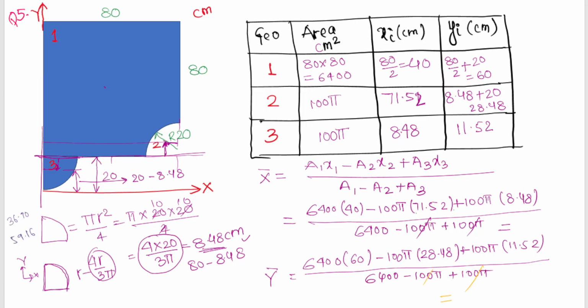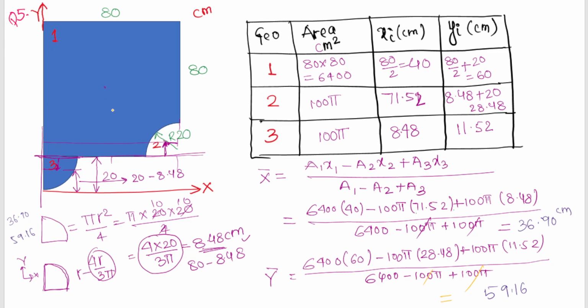So upon calculation we found out the values to be, for x bar, 36.90 centimeter, and for y bar it is 59.16. Means this point lies at a distance of about 59 from the bottom.